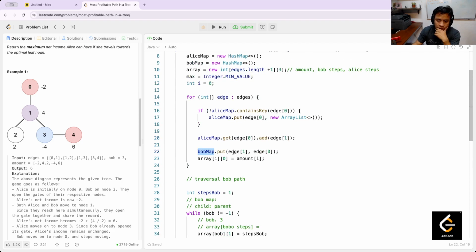Now for Bob, I put a. In this case, this is the child and this is the parent. In this case, it's not possible that it appears two times. The numbers are between 0 and n minus 1. I think it's not possible to repeat another 3, for example, here.